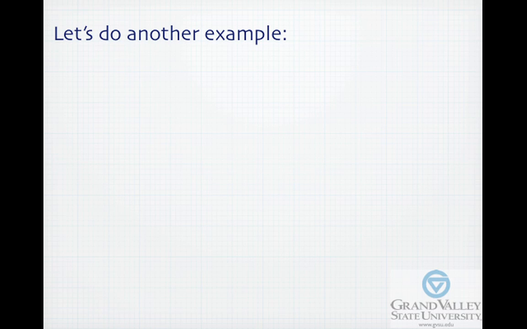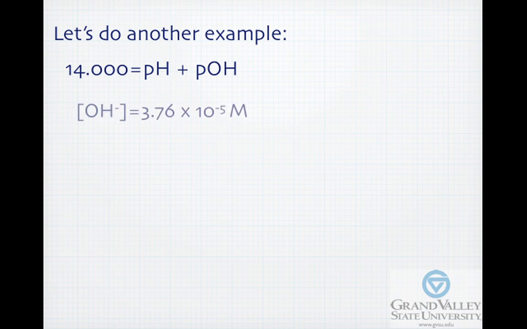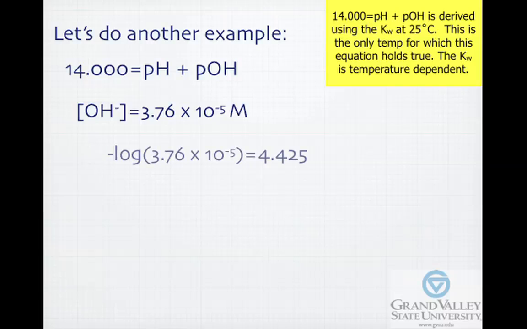Let's do another example. We just arrived that 14 is equal to the pH plus the pOH. If we know that our hydroxide concentration is equal to 3.76 times 10 to the negative 5th molar, we're first going to calculate the pOH. So we're going to take the negative log of 3.76 times 10 to the negative 5th, and that's equal to 4.425.